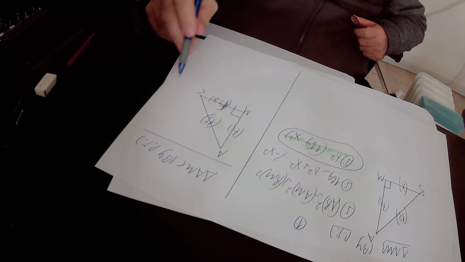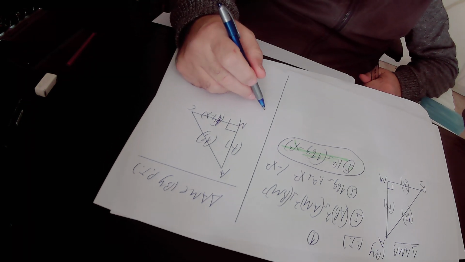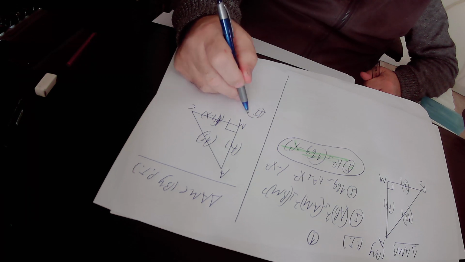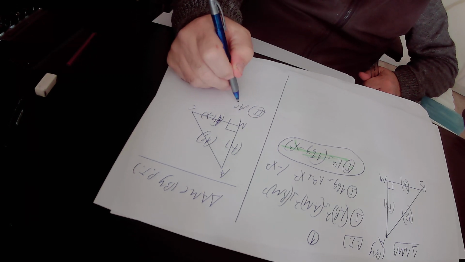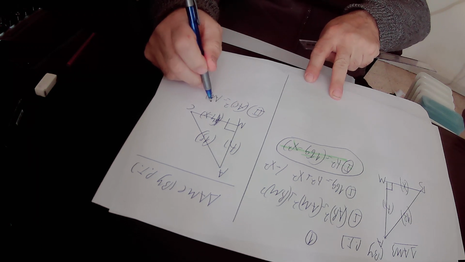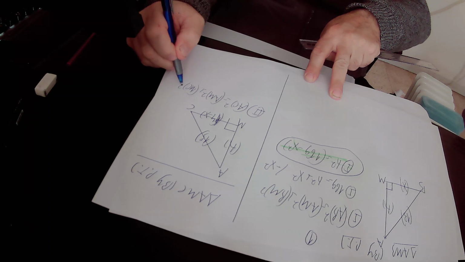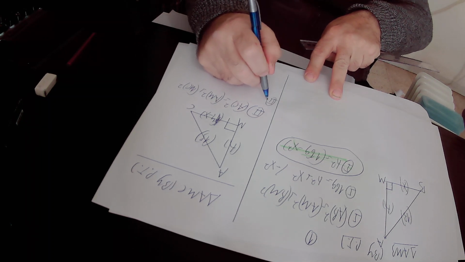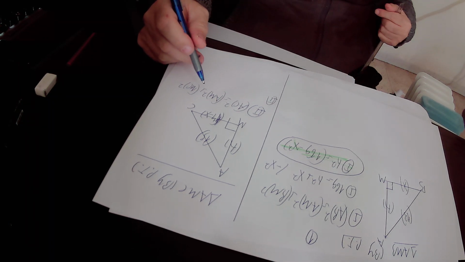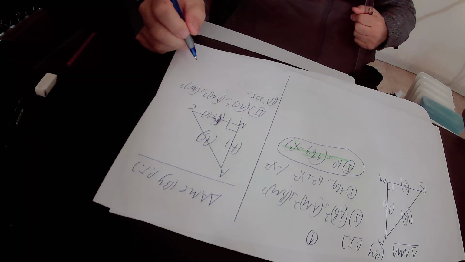According to the Pythagoras theorem, in this right triangle AMC, AC square equals AM square plus MC square. So AC is 15, therefore AC square is 15 squared, that is 225, and it is equal to AM square.